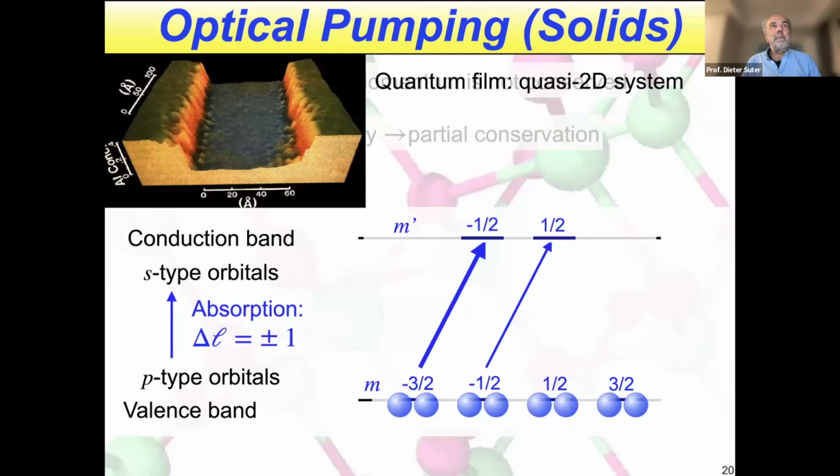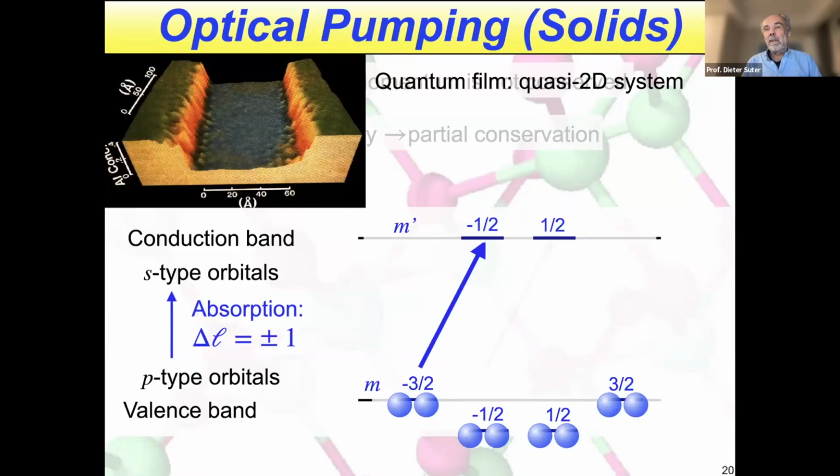Now, in the experiments that we normally do, we actually use not a single crystal, but a quasi two-dimensional system, a so-called quantum film. In this case, there is confinement in one direction, and this confinement breaks the symmetry. And the result is that two of the spin states, or the total angular momentum states, have different energies.